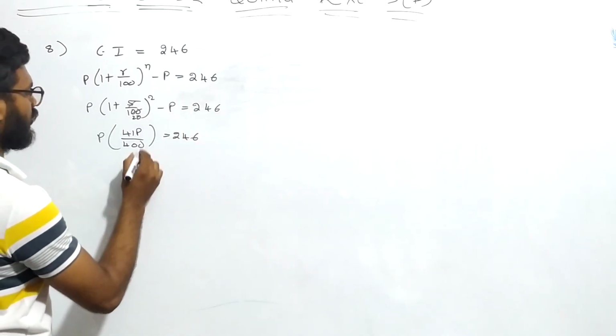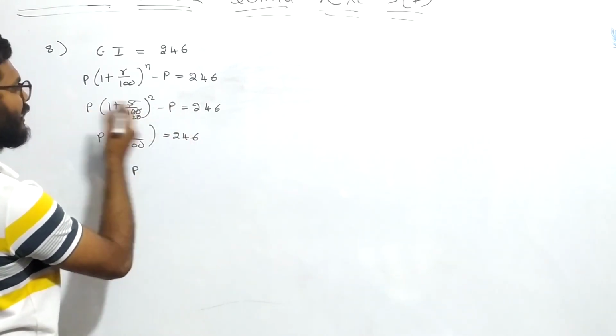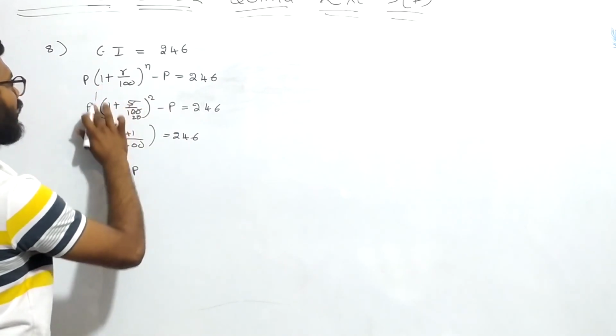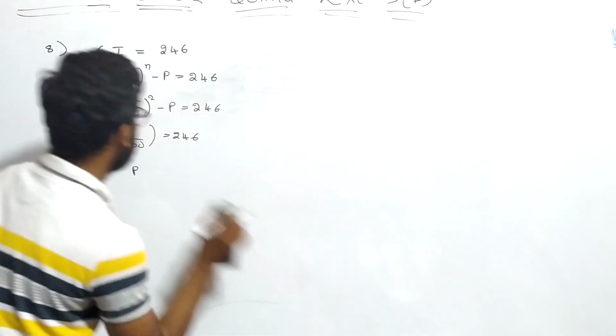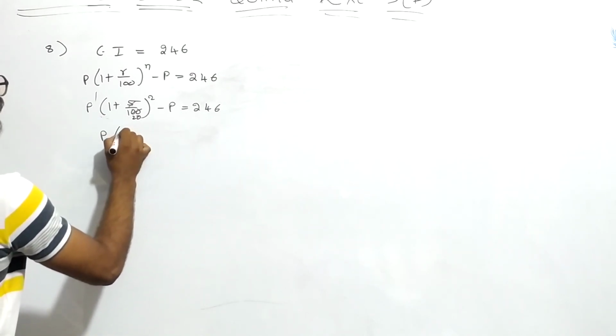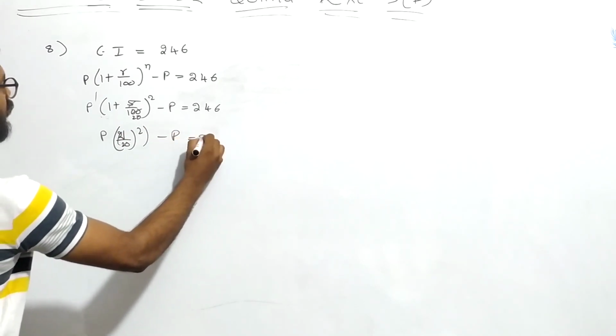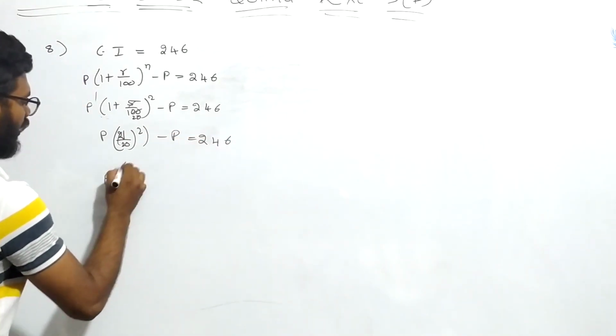Why 41 by 400? Because I am taking P common from both. Let me write here once more to show. P into 21 by 20 whole square minus P is equal to 246. P is common.